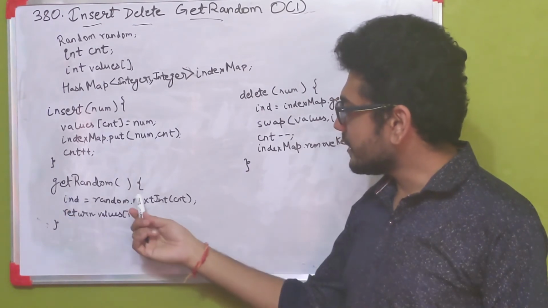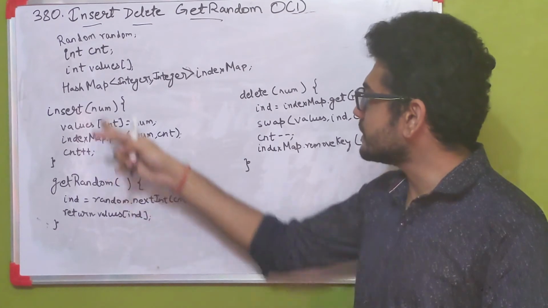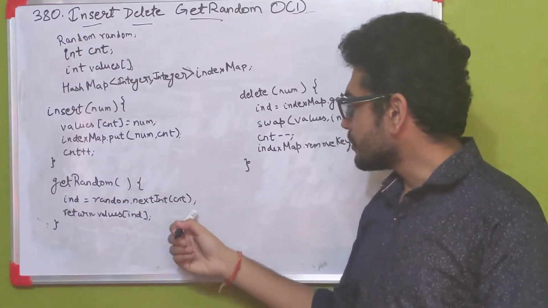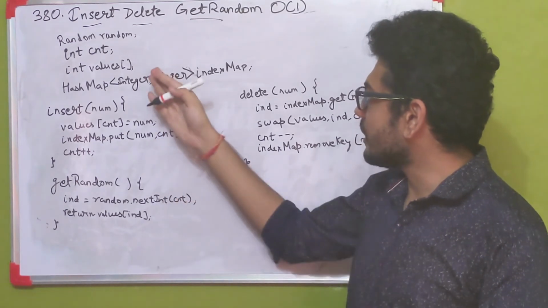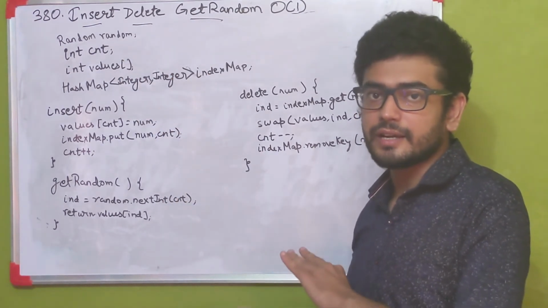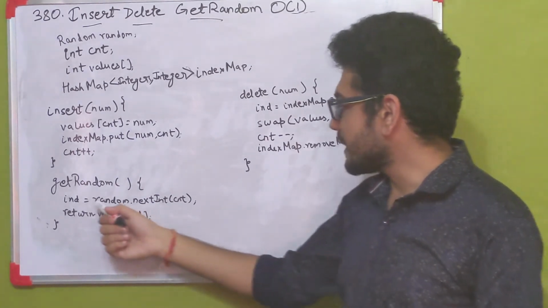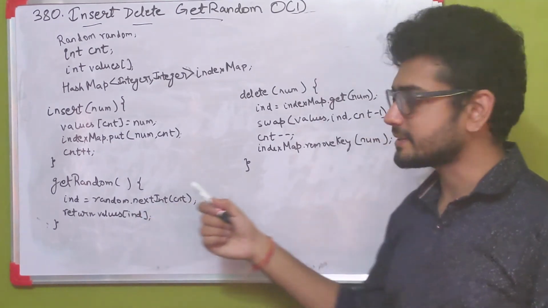The next one is getRandom. For getting a random number, we use a random number generator to get a number between 0 and count minus 1, where count is the number of elements present in the current data structure. Once we get an index, we return the value present at that index.